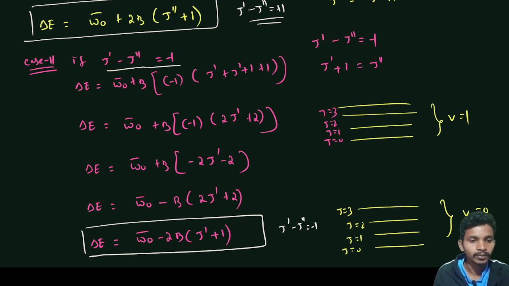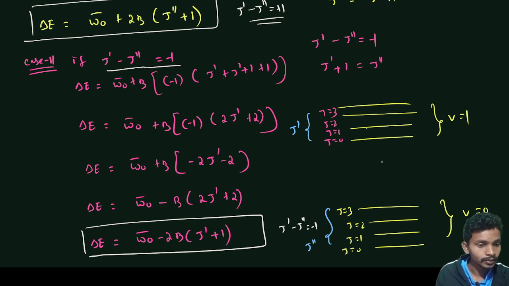Okay, so now whenever I say this is plus 1, what does it mean? This whole is j dash, and this whole is j double dash. So j dash minus j double dash means, if I take these equations, like here is 1 and here it has to be 0. Okay, this is j dash minus j double dash equal to 1.